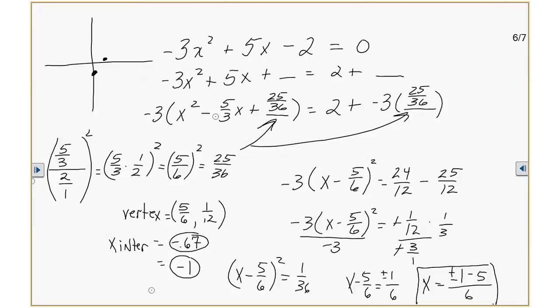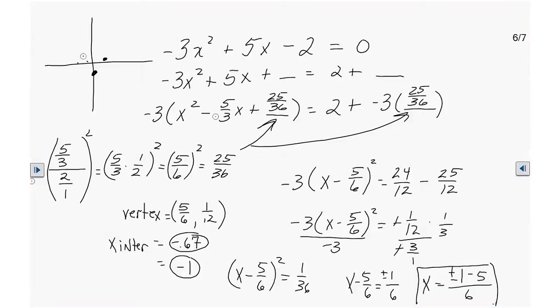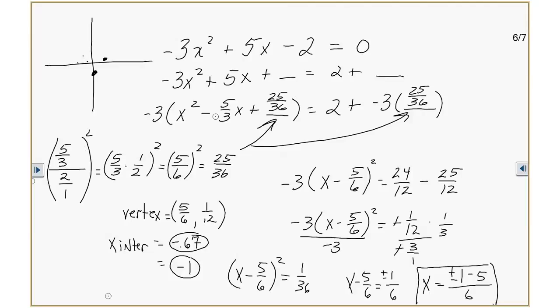Why do I know something's wrong? Because it's not lining up. I have two negatives. The two negatives are over here, like that. Something's wrong. The vertex should be over there. I must have something wrong with the vertex. There it is. Right here. Okay.